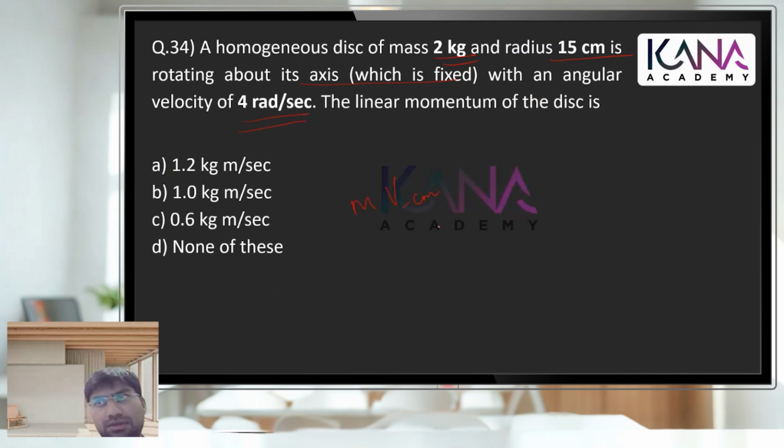Here it's a little tricky. Its mass is 2 kg, but this component is 0. The velocity of the center of mass is 0 because it's a homogeneous disk. So the linear momentum will be zero.